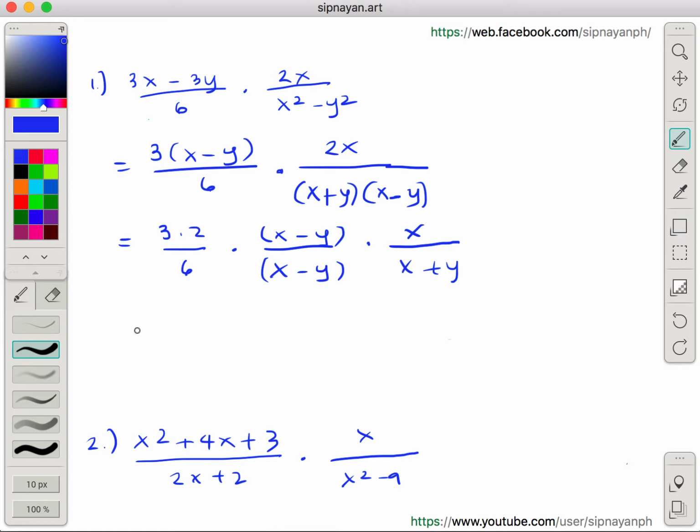Now, notice that meron na tayong pwedeng i-simplify. 3 times 2 divided by 6, this is equal to 1, di ba? This is 6 divided by 6, and this is also equal to 1. So, 1 times 1 times this expression is equal to this expression. So, this is equal to x over x plus y, or x divided by x plus y. Ito na yung pinakasagot natin.